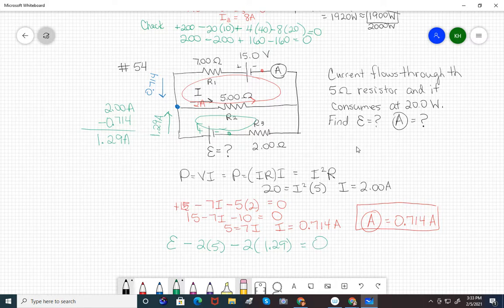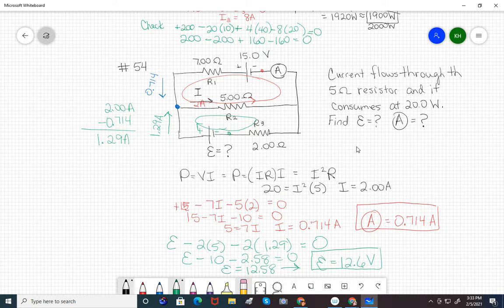If I solve for E, I've got E minus 10 minus 2.58. I get E equals 12.58, but remember I only have 3 significant digits. So E is 12.6 volts.